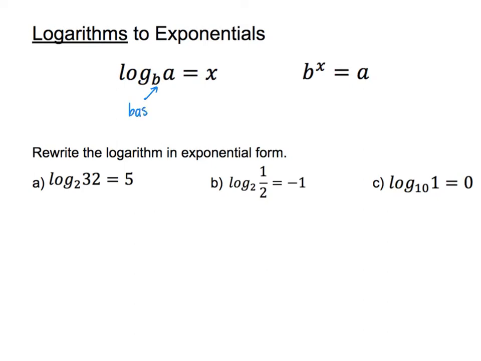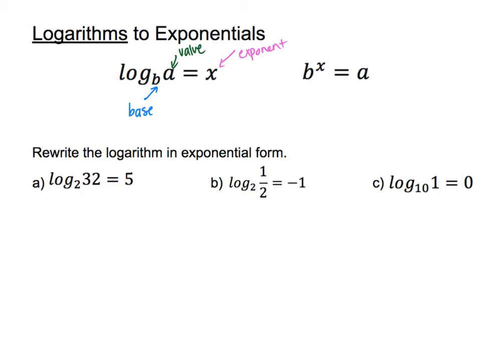So you have the base in the middle, and then you always have the exponent on the other side of the equal sign. The exponent is the x in this case, because logs give you exponents, so that's what it equals. So we always put the base and exponent together to get the value. Inside of a log, the a here represents the value of what you're supposed to get after you take the log.